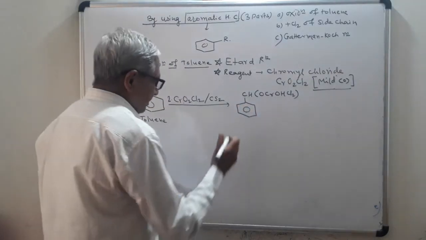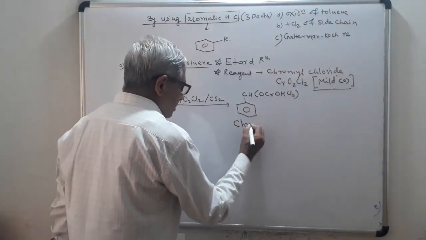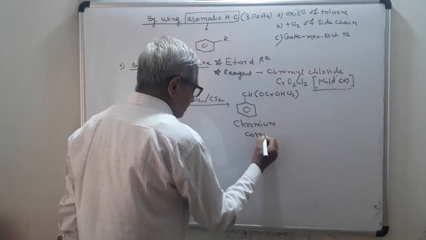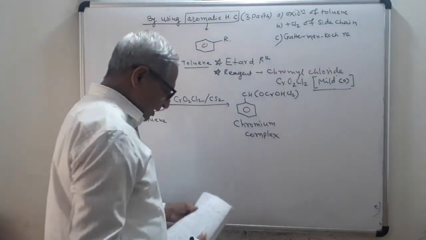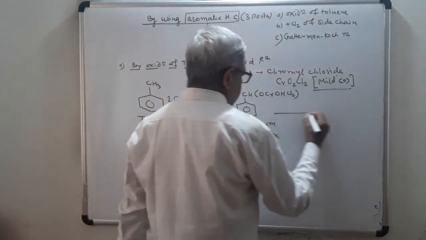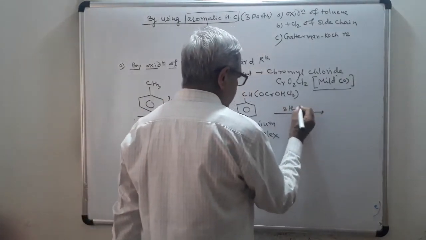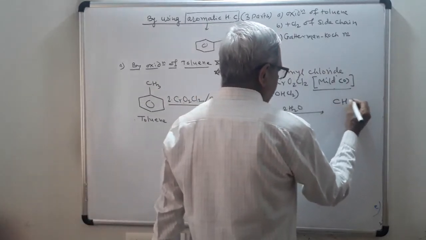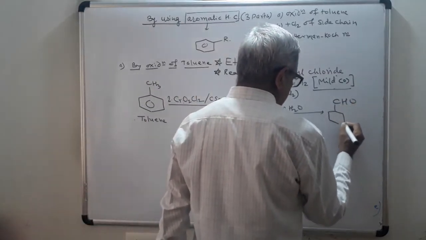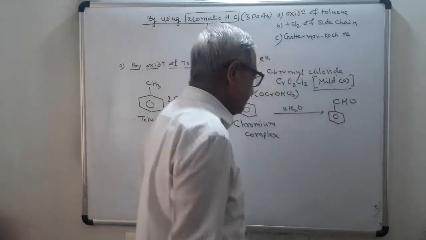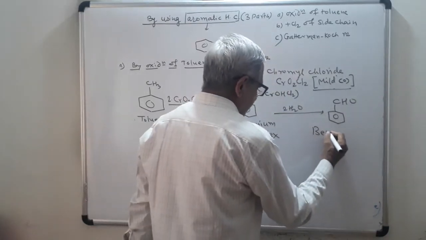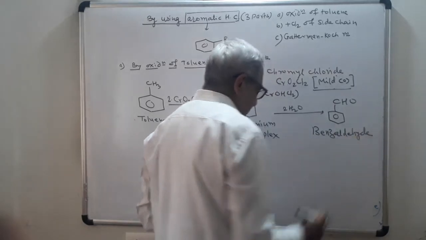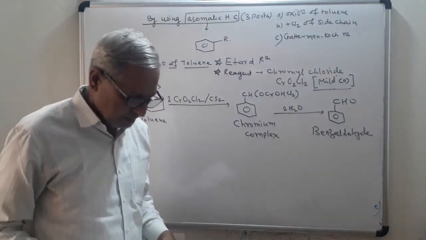This is the intermediate. It is called chromium complex. Then it immediately undergoes hydrolysis reaction. 2 water molecules will be required, and you will get benzaldehyde. Benzaldehyde is a common name as well as IUPAC name.